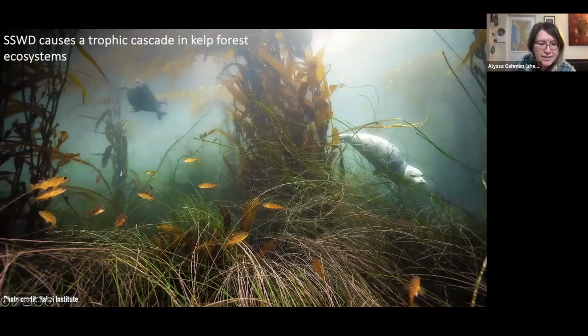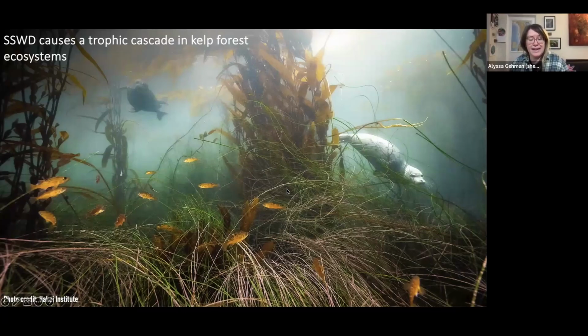You probably already know the story of how otters are really important for maintaining kelp forests because they eat urchins. It turns out that sunflower stars also eat urchins, and they just eat a different size of urchin, and quite a lot of them. When you look at the comparison of otters and sunflower stars on urchin populations, the healthiest kelp forests were in areas where you have both predators consuming the urchin population.